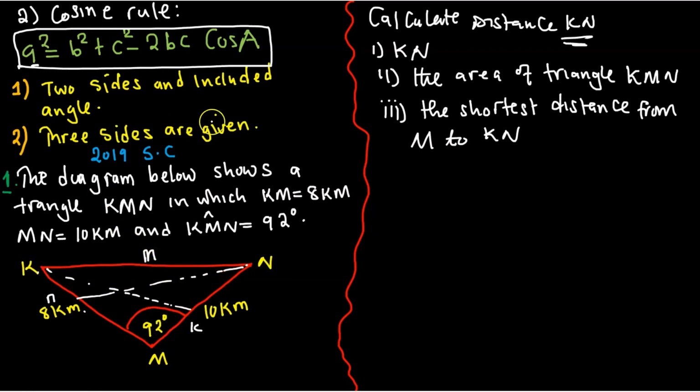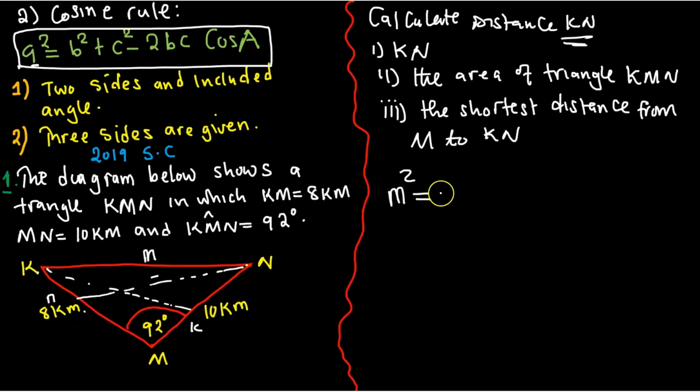So in the formula, the one that we are finding should be at first. We are going to rewrite this formula as m squared is equal to, and there should be the other two sides. When you write the side you are finding, automatically the other sides are the given ones.